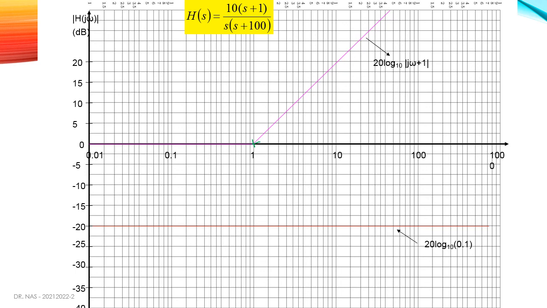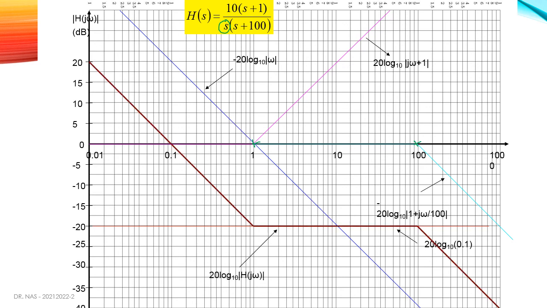And then you have poles at origin, meaning a decreasing slope of 20 dB per decade crossing at 1. Lastly you have the poles at 100. Finally, you sum them up.